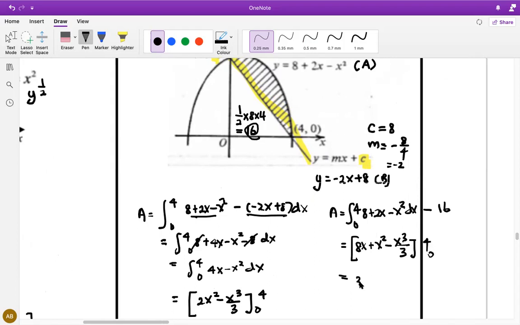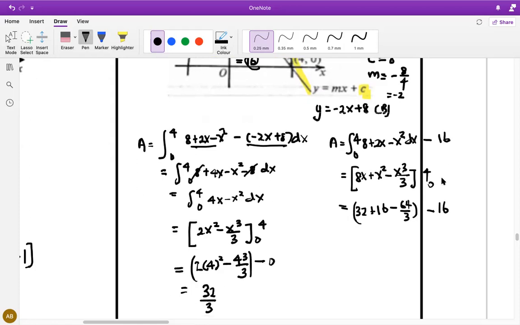So you get 32 plus 16 minus 64 over 3, right? Then you minus 16. So 16 and 16 cancel out. So you get 32 minus 64 over 3.